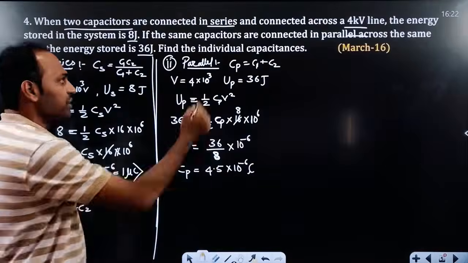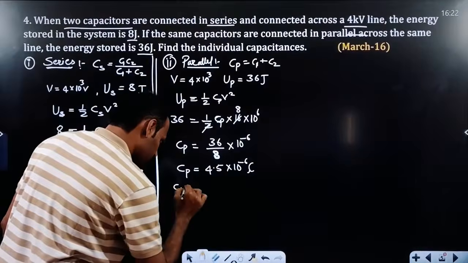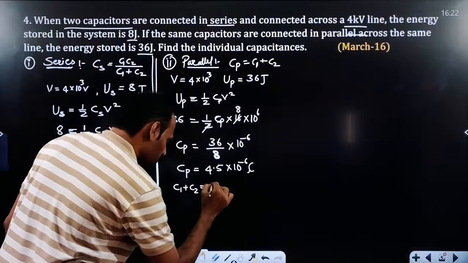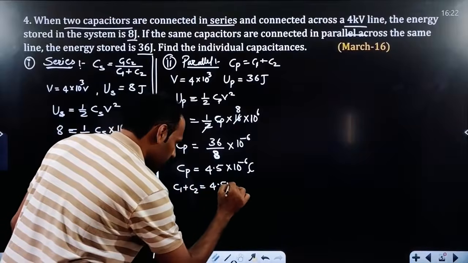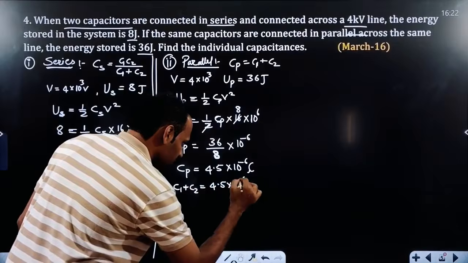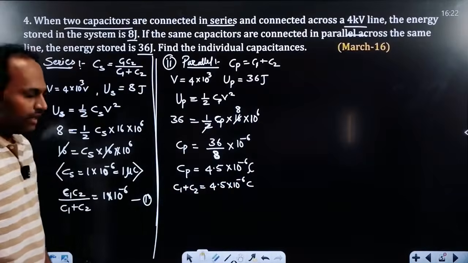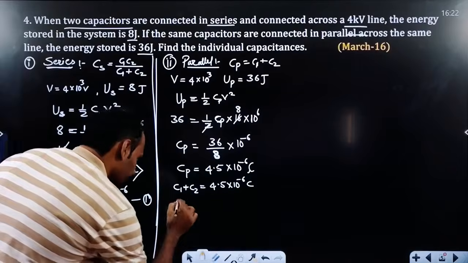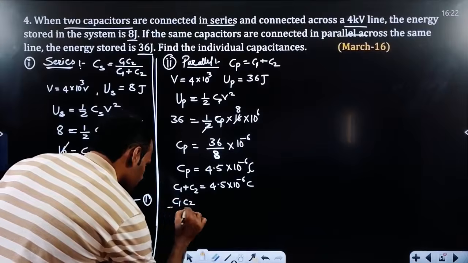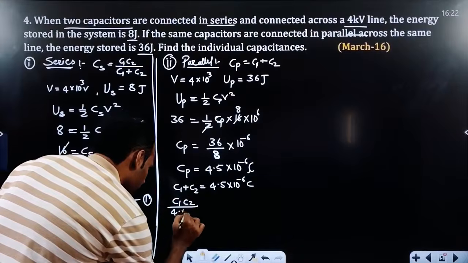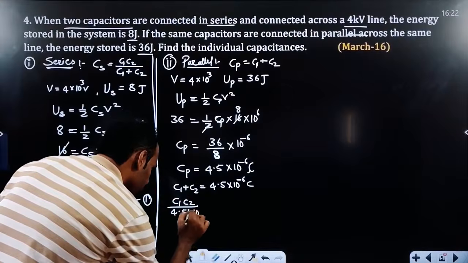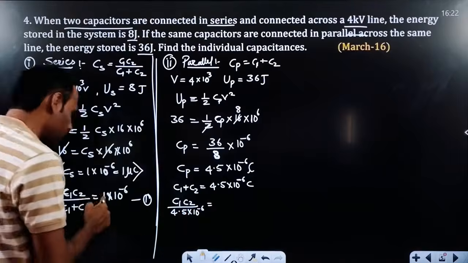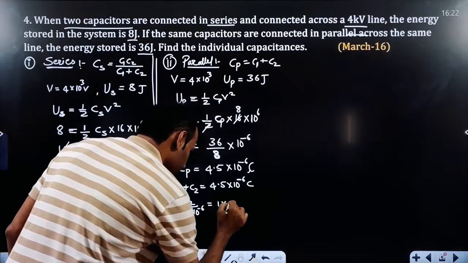What is CP? CP is C1 plus C2. So C1 plus C2 is equal to 4.5 into 10 raised to minus 6. Substitute C1 plus C2 in equation 1. What will you get? C1 into C2 divided by 4.5 into 10 raised to minus 6 equal to 1 into 10 raised to minus 6.